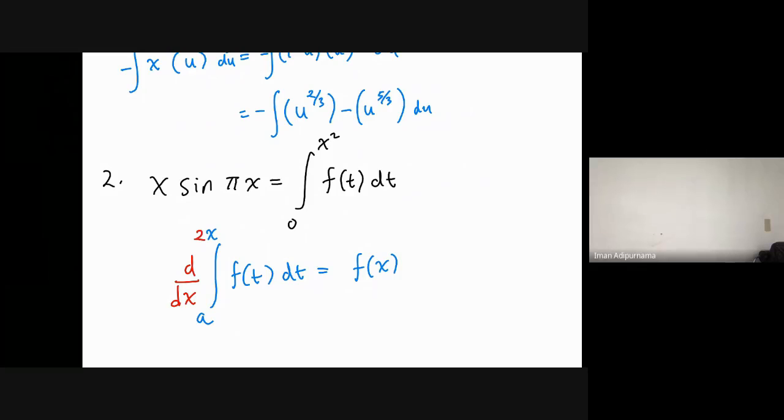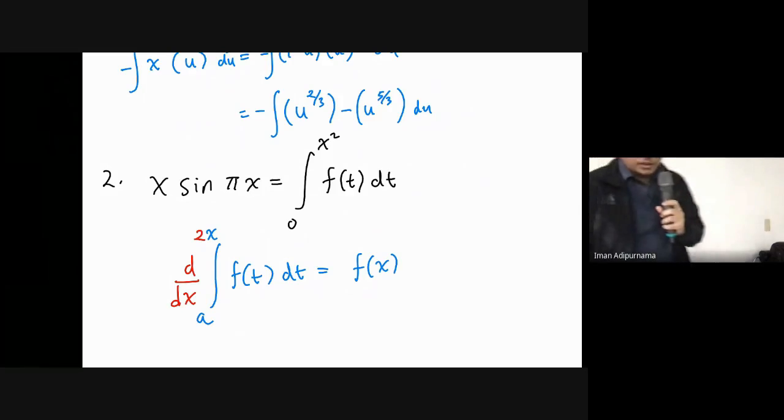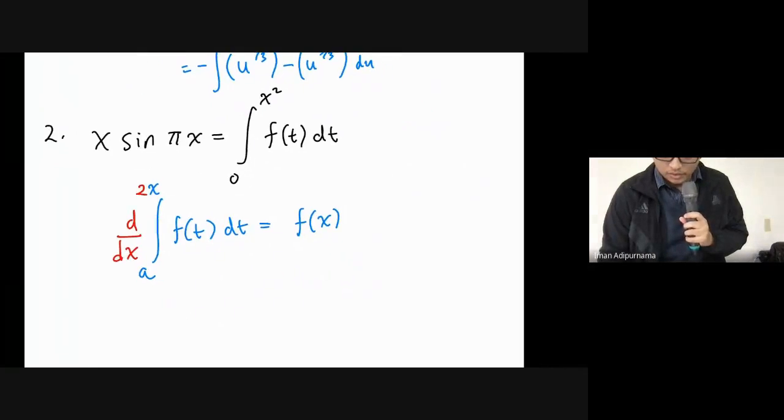What will happen here? Yeah, 2 f of x. So this is 2 f of x. So that is coming from, let me write the whole thing.